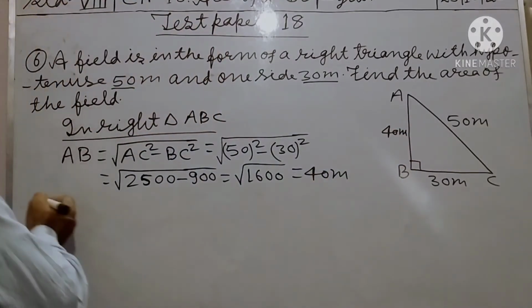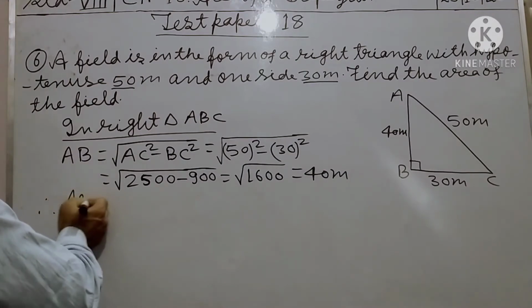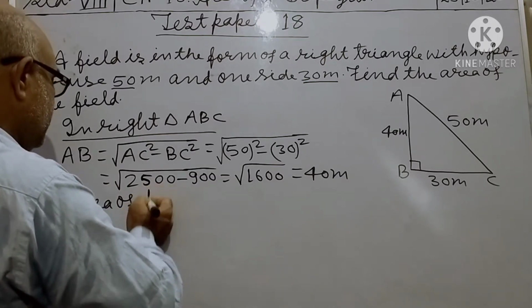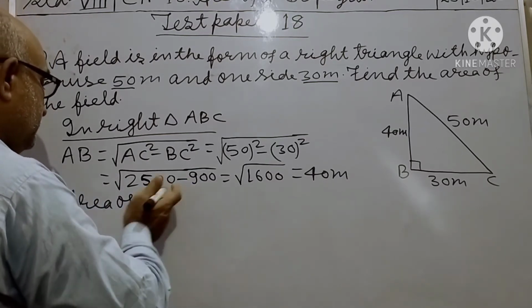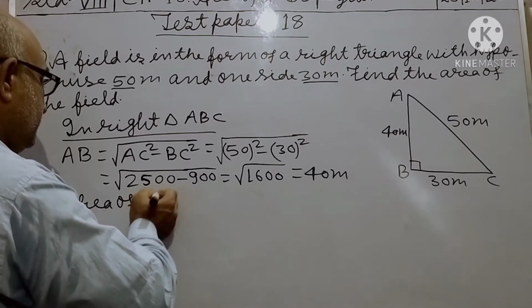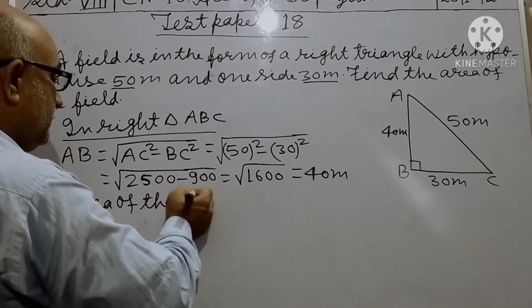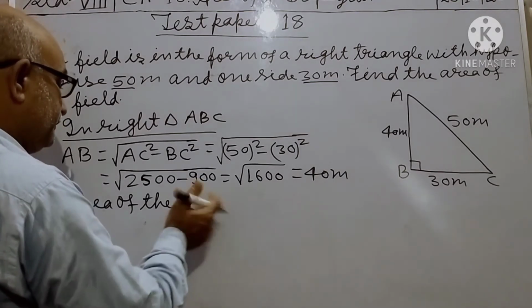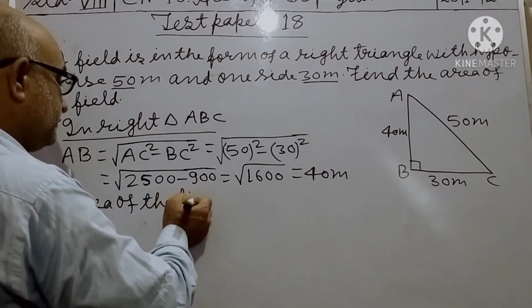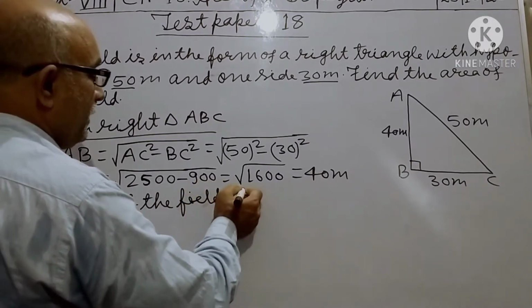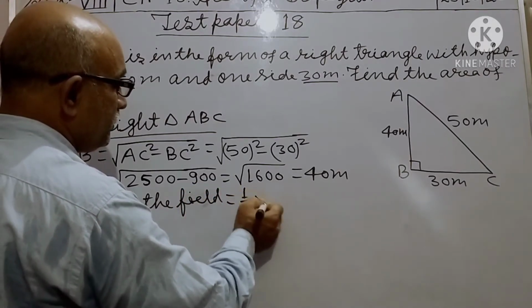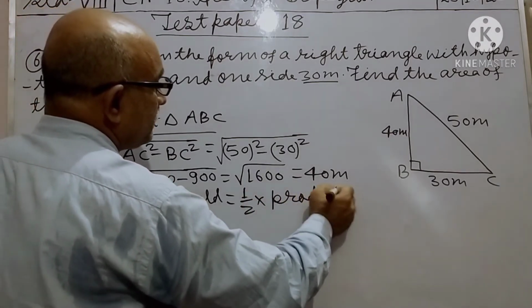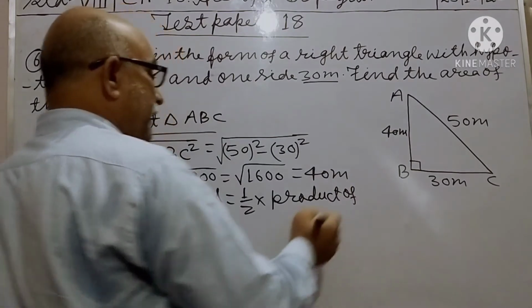So find area of the field equal to 1 by 2 into product of its legs.